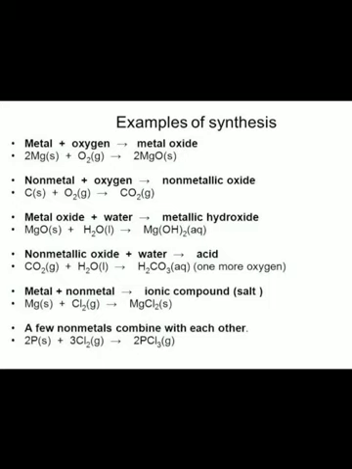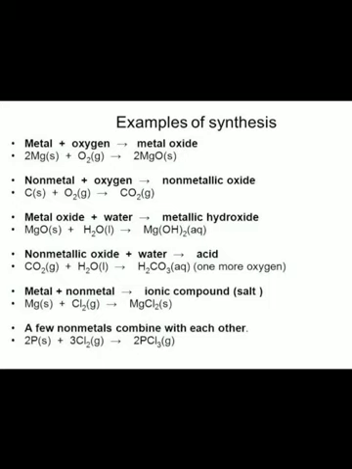The next is when a metal reacts with a non-metal. That is also a combination reaction, A plus B gives rise to AB. In all the examples you have to notice that when two elements or compounds react with each other, they produce a single substance only. So when a metal and a non-metal react, they form a single compound.